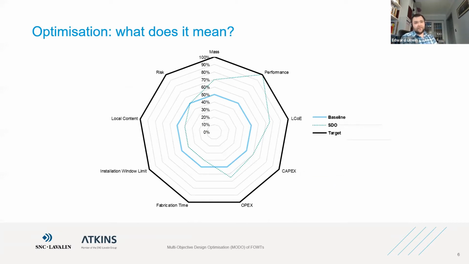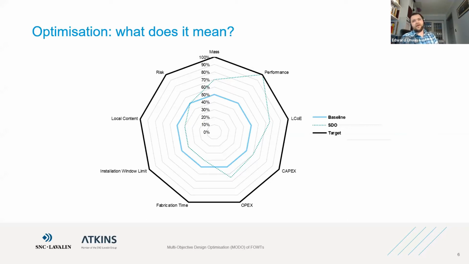In this one, we're looking at an offshore wind turbine, where you have mass, performance of the turbine, levelized cost of energy, capex, opex, fabrication time, installation window limit, local content, and risk. You might want to optimize your design to any one of those objectives.